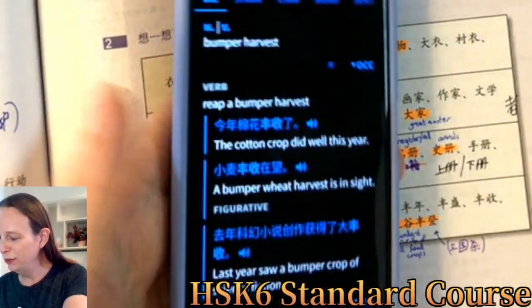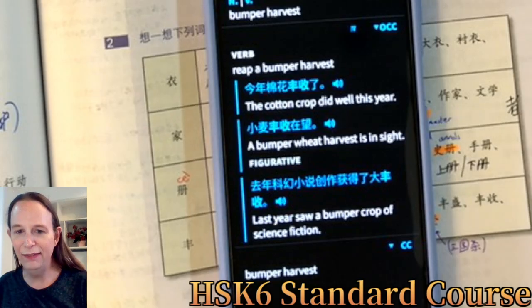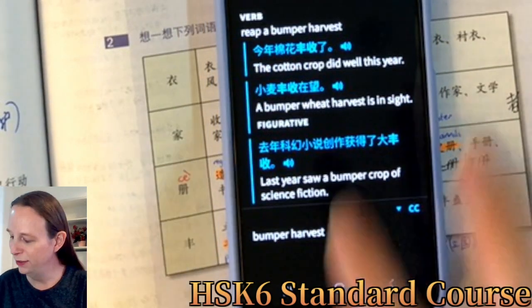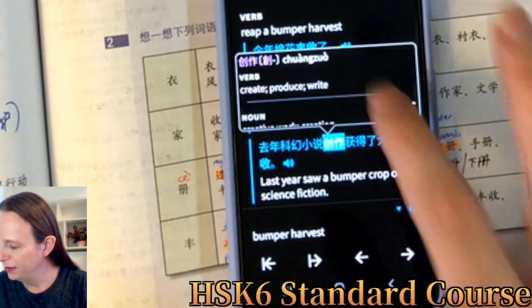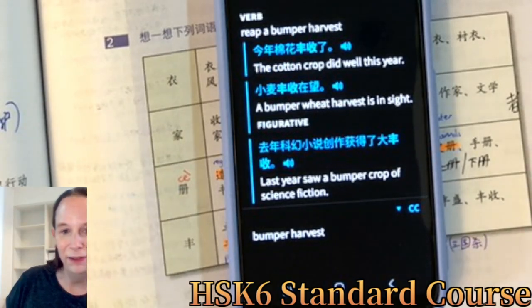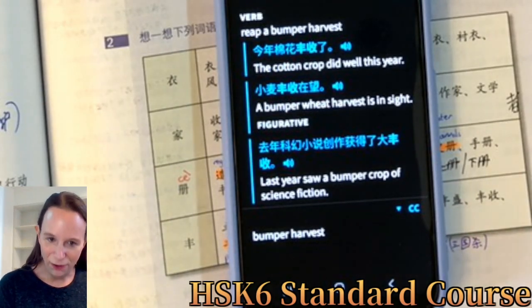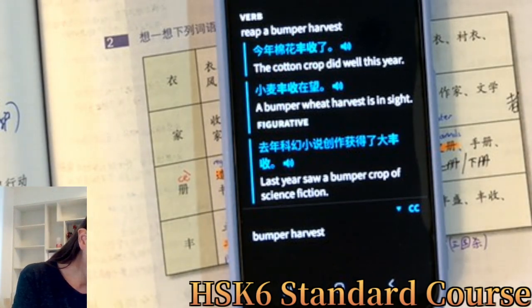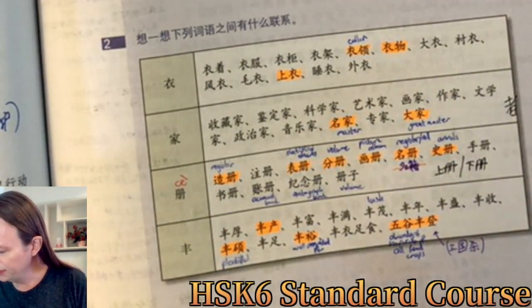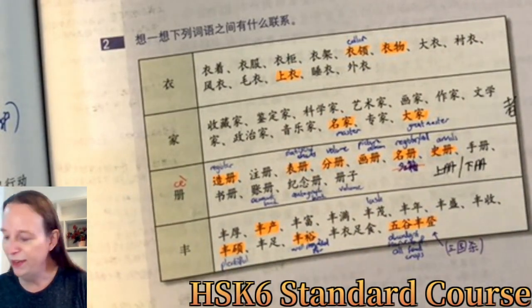Not innovation. 创作 would be, it's kind of like writing, but it's 创 that implies it's novel, new. What do you translate it to? Creation. Yeah, creation. The creation of science fiction novels last year. All right. So 丰收, 丰产 we've done.